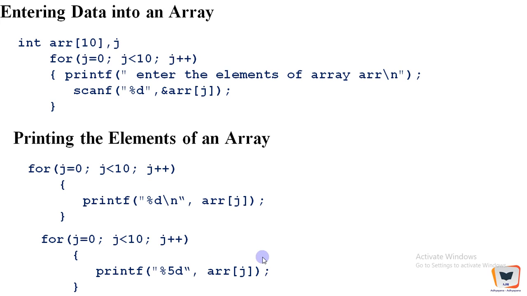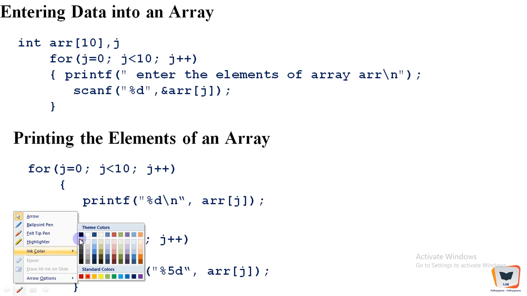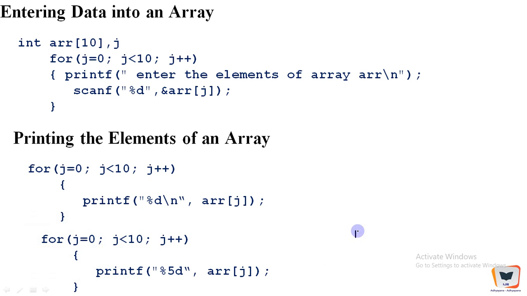And this is another way of printing the elements of an array. For j equal to 0, j less than 10, j plus plus, printf %5d array of j. And here there are 5 spaces. The elements are filled.